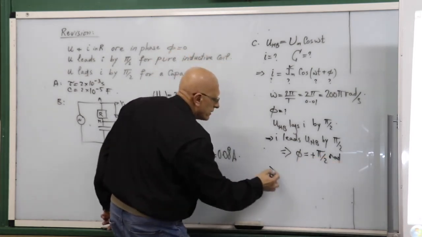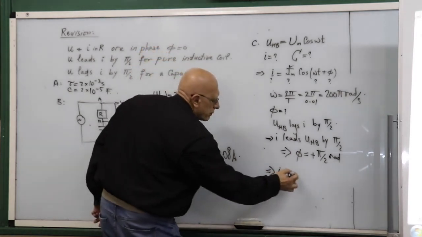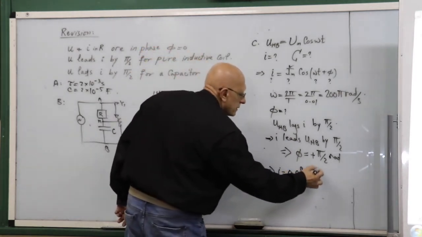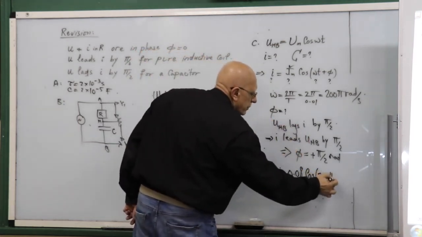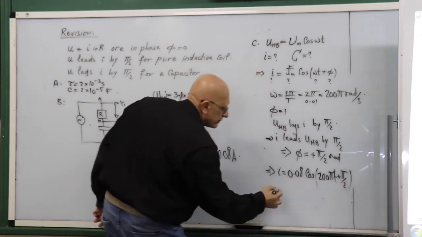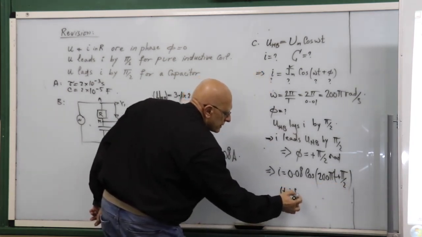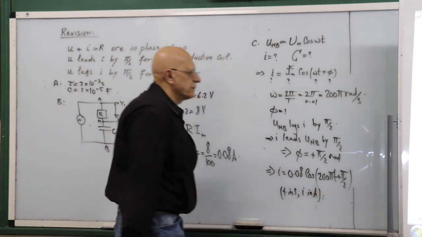So the expression of I becomes 0.08 cosine of 200 pi t plus pi over 2. Don't forget the unit, t in second, I in ampere.